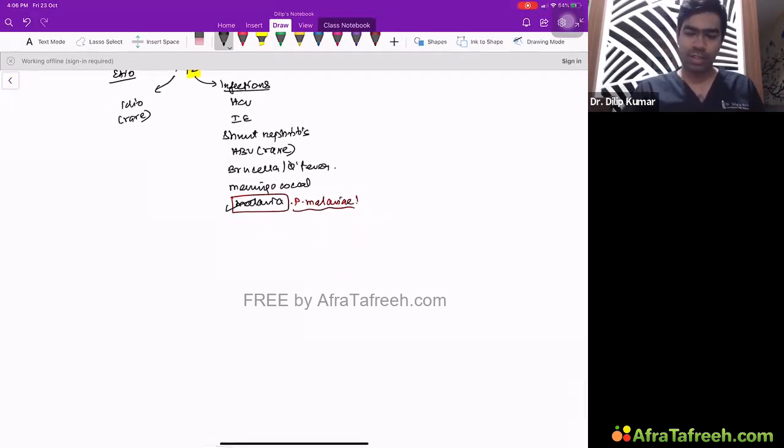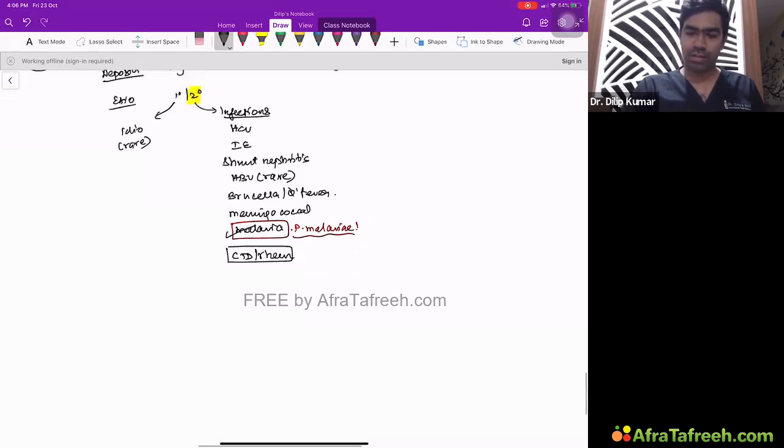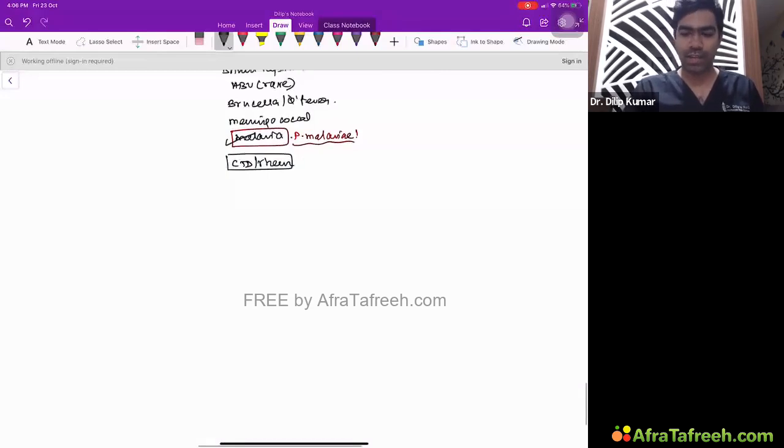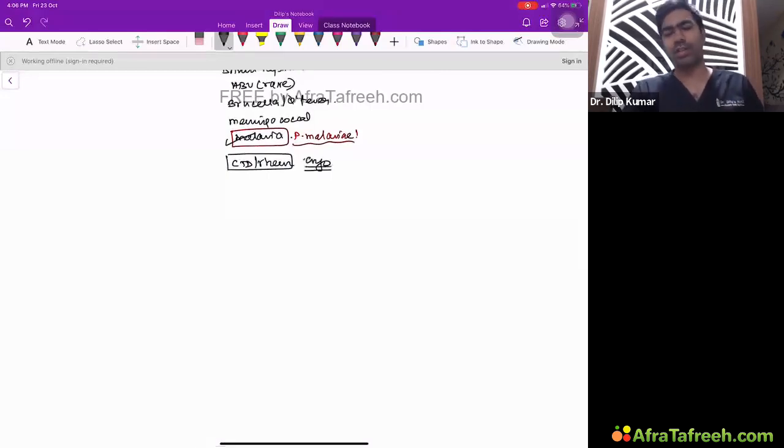Or you can get it with certain connective tissue disorders and rheumatological disorders. Infections first, that's the usual cause. CTD and rheumatological disorders: very important is cryoglobulinemia. Cryo is an extremely important entity. Apart from that, you can get it in SLE, very rarely in rheumatoid arthritis or Sjogren syndrome, but it's usually cryo.